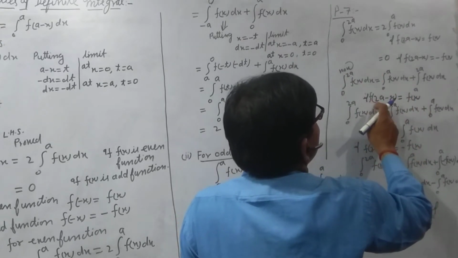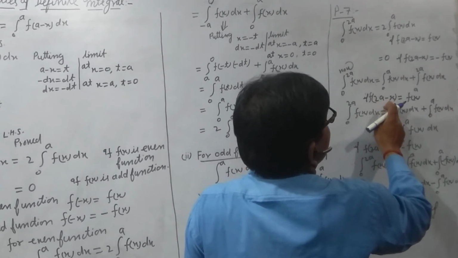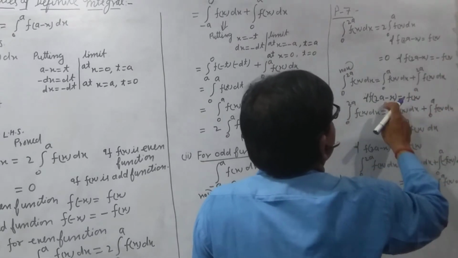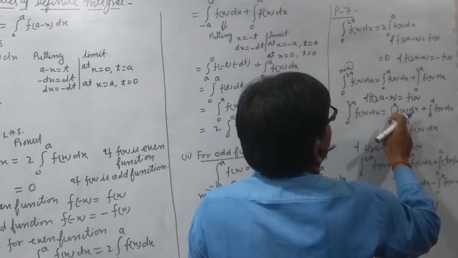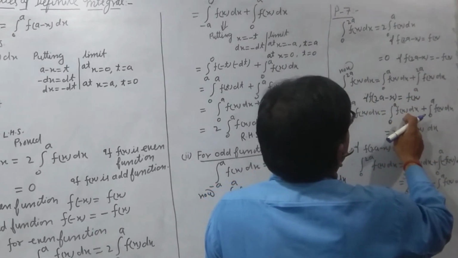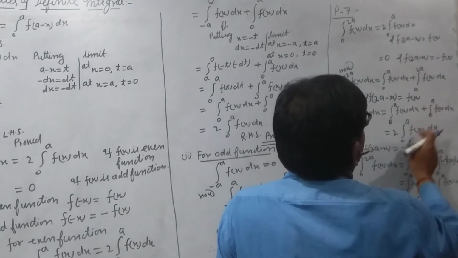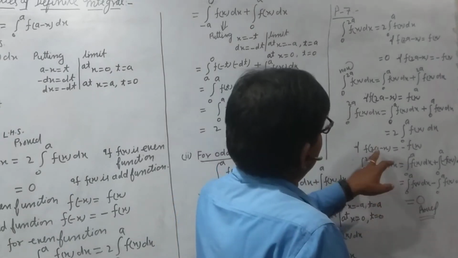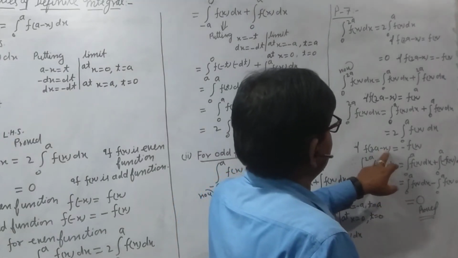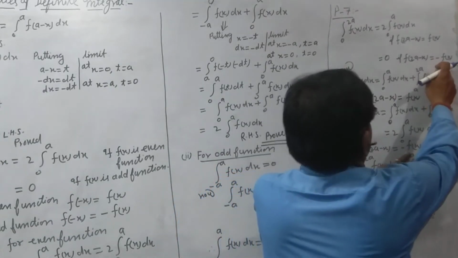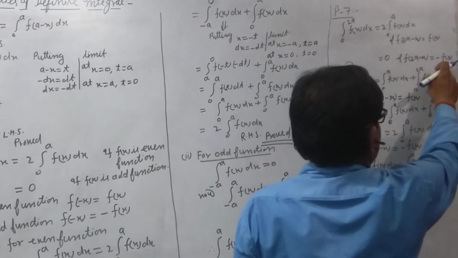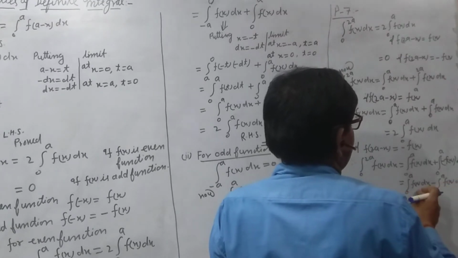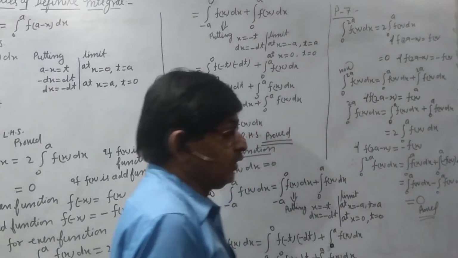If f(2a minus x) equals f(x), it means 0 to a of f(x) plus 0 to a of f(x), that is 2 times the integral from 0 to a of f(x). If f(2a minus x) equals minus f(x), then one part is minus the other, and they cancel, so it is equal to 0.